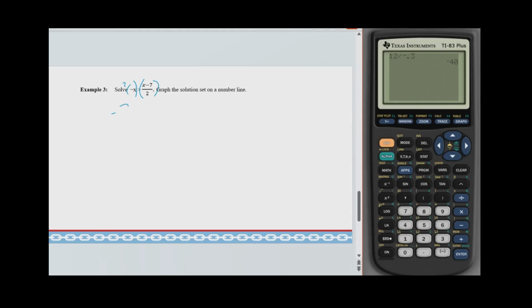That gives me negative 2x greater than x minus 7. Okay, now I am going to subtract this x across. I get negative 3x is greater than negative 7.